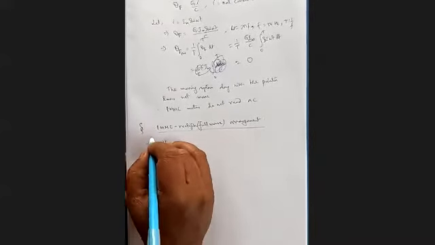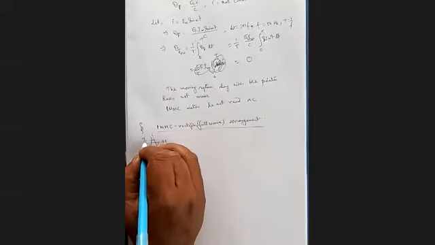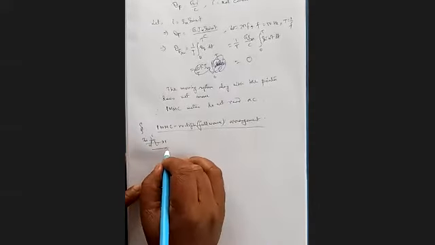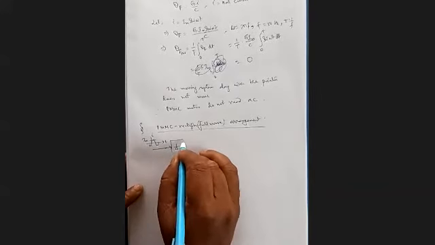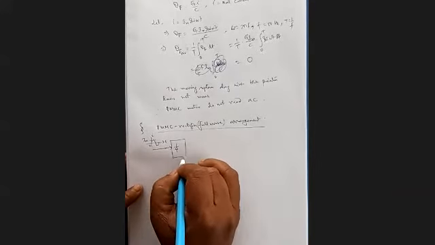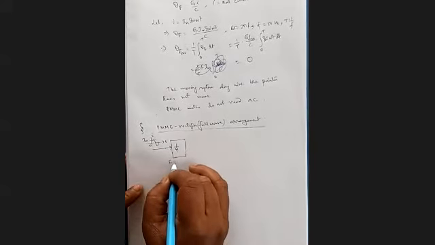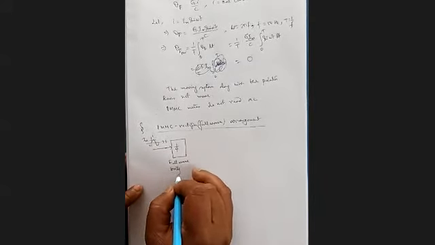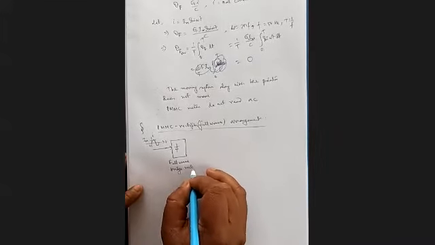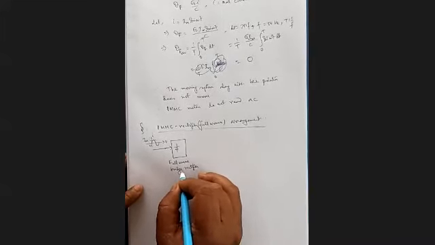We are applying I equal to Im sin omega t. That is applied to a full wave bridge rectifier. You already know the working principle of the full wave bridge rectifier. I think you know it from your electronics class.